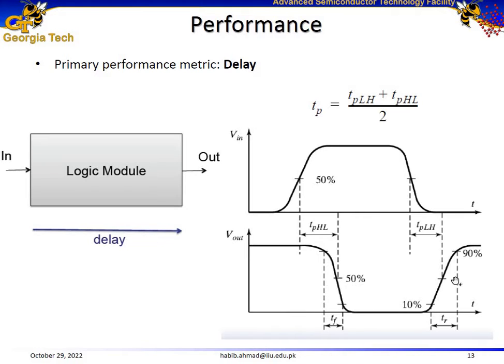Then you also measure the delay when the input waveform starts transitioning from high to low, so your output waveform is going to transition from low to high, and this is called propagation delay low to high. You just take the average of propagation delay low to high plus propagation delay high to low, divided by 2, to calculate the total propagation delay for this logic gate.